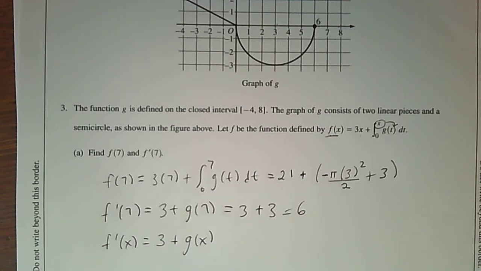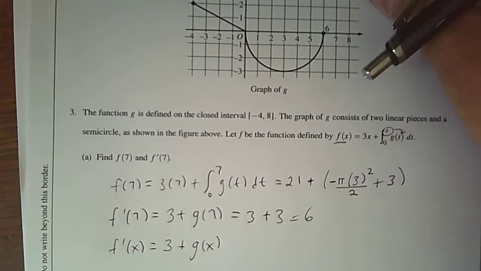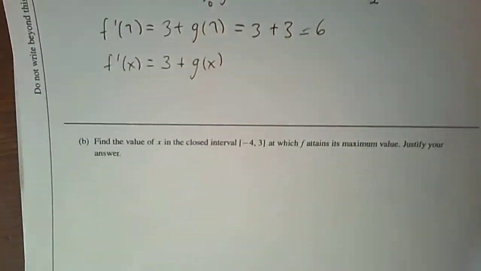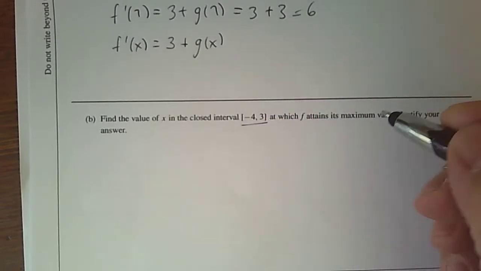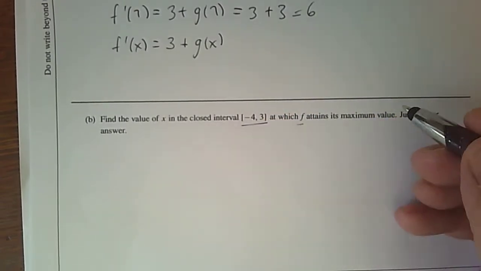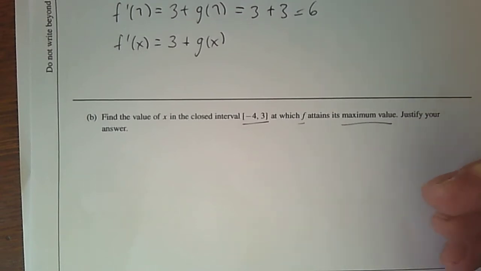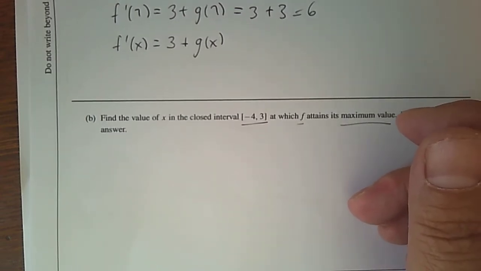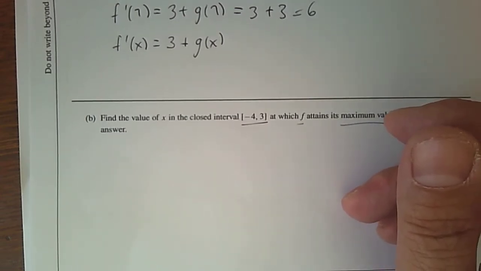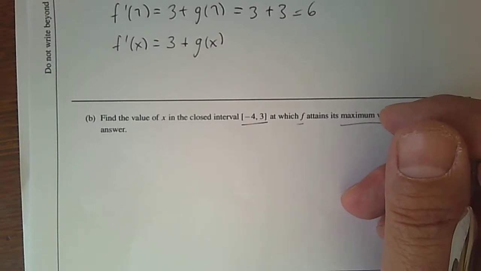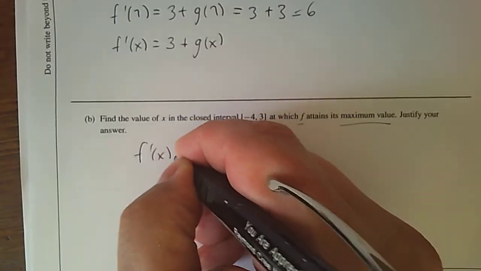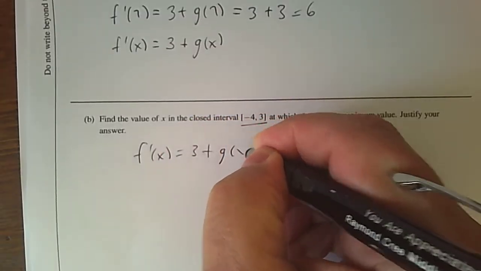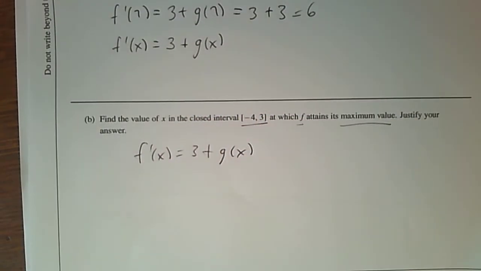Here's part B. It says find the value of x in the closed interval -4 to 3 at which f attains its maximum value, and then justify your answer. So we're looking for a maximum there. To find a maximum, we're going to take the derivative.